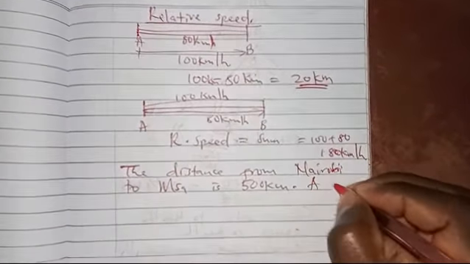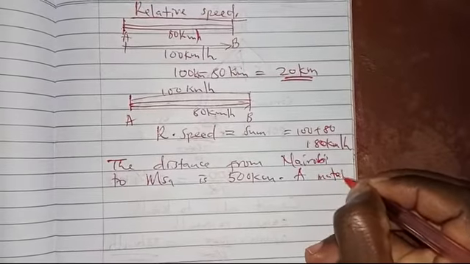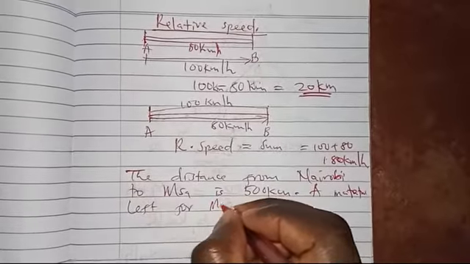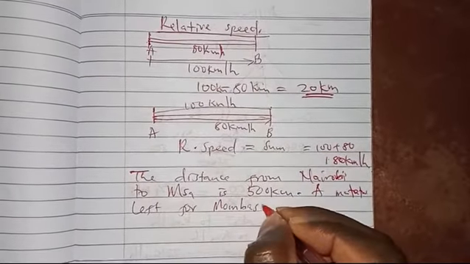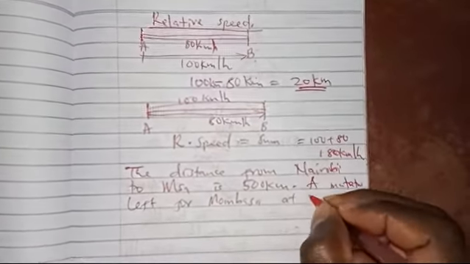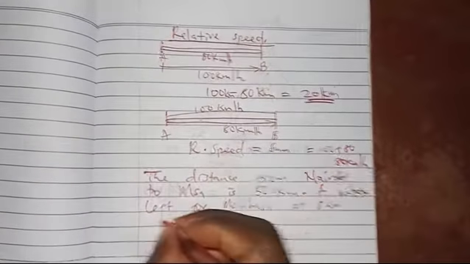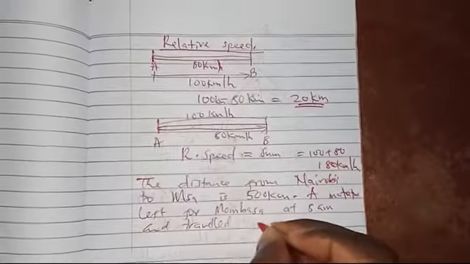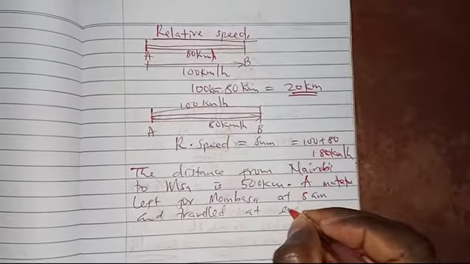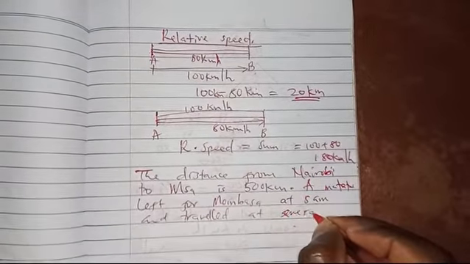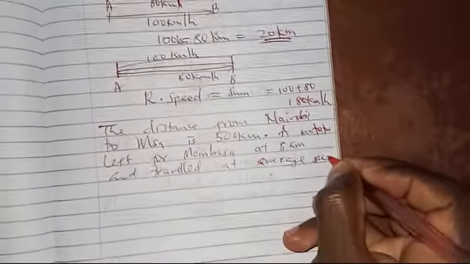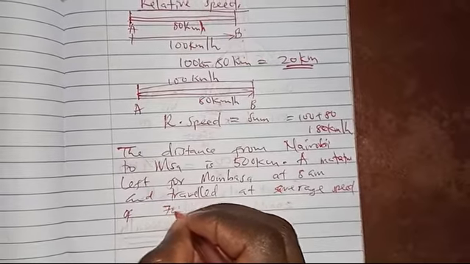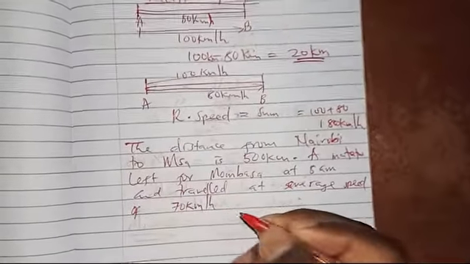A matatu left for Mombasa at 8 a.m. and traveled at an average speed of 70 kilometers per hour.